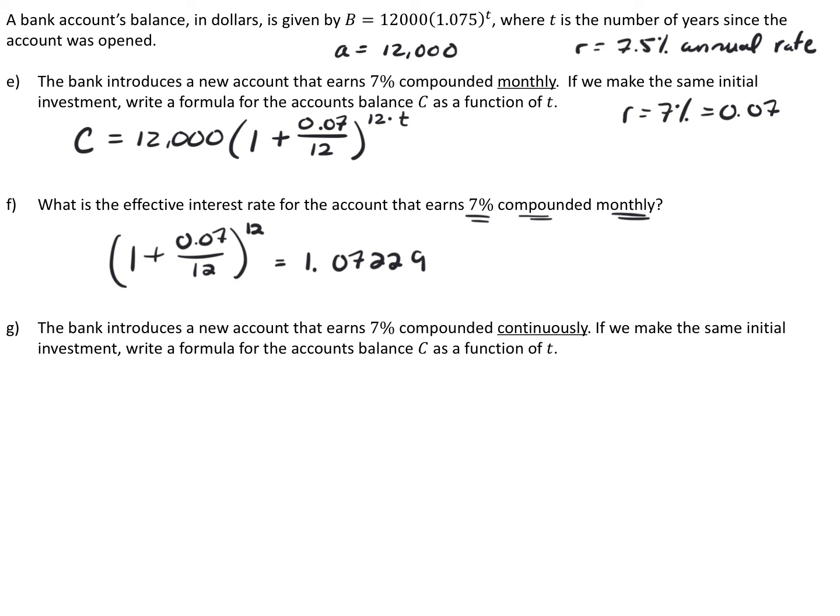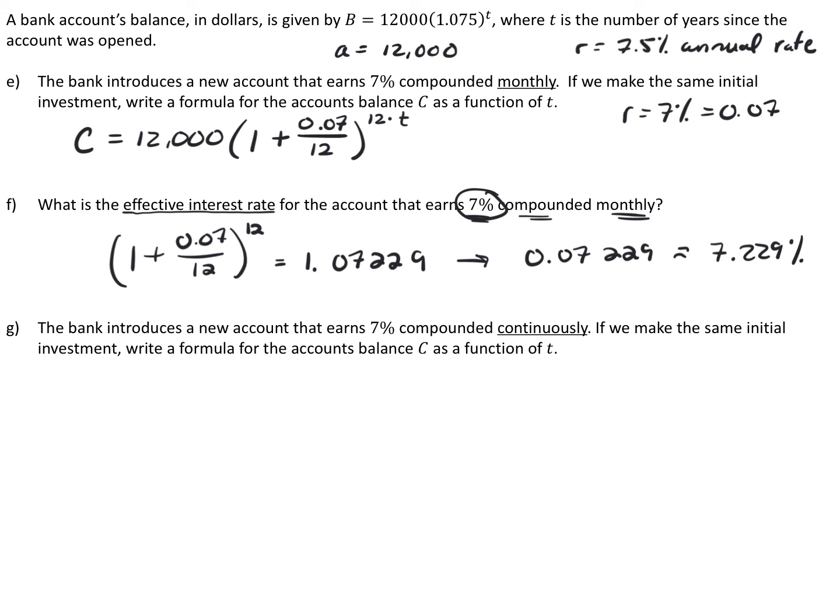So here we can see that the effective rate in this problem is 0.07229, which is approximately 7.229%. So the effective rate is slightly higher than that nominal rate of 7%.